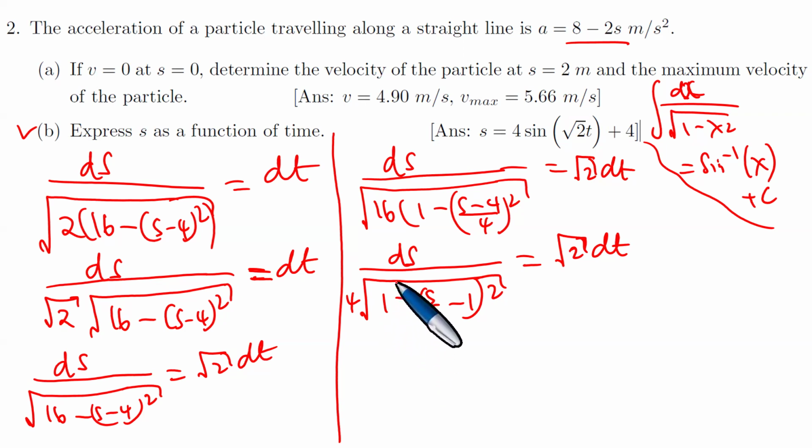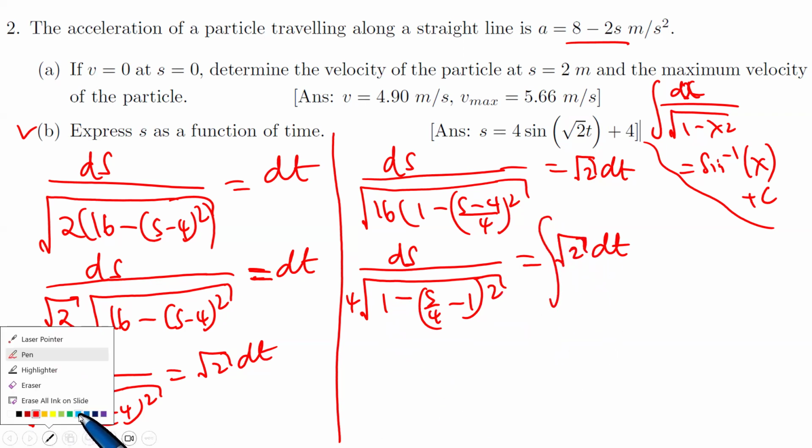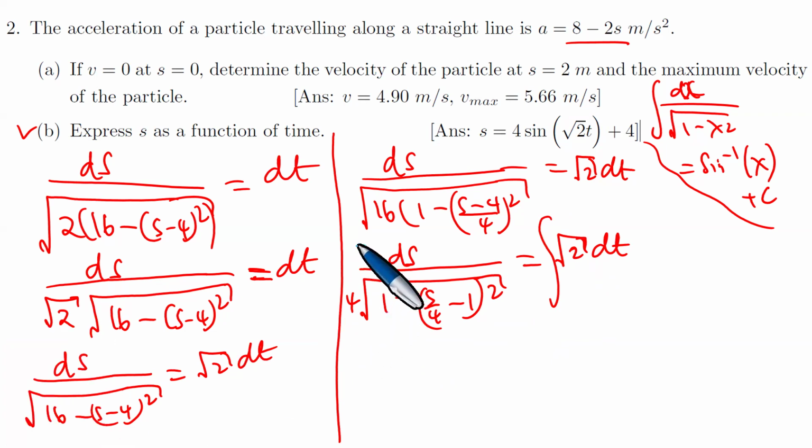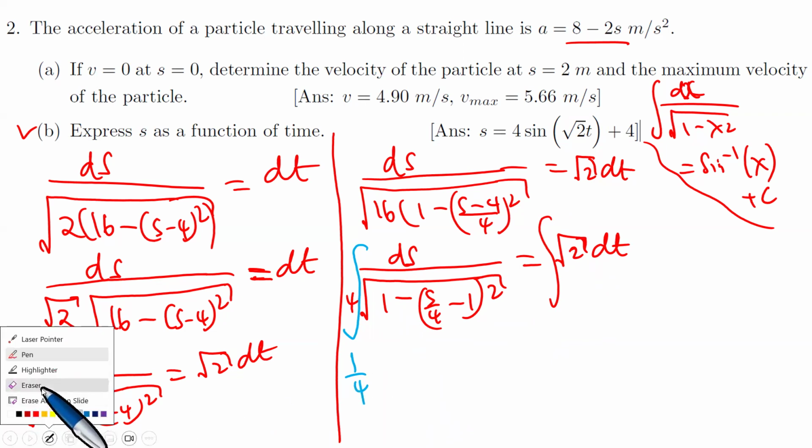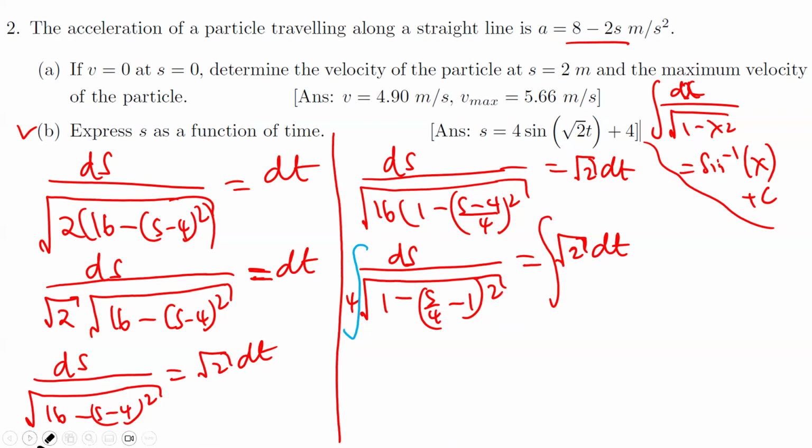So that now you can take the integral of this. So you have 1 over 4, the integral of this, which is arcsine. Let's do green color. So now this is going to be exactly 1/4.